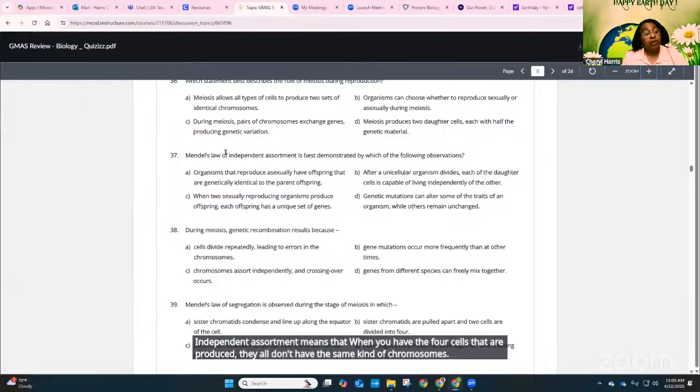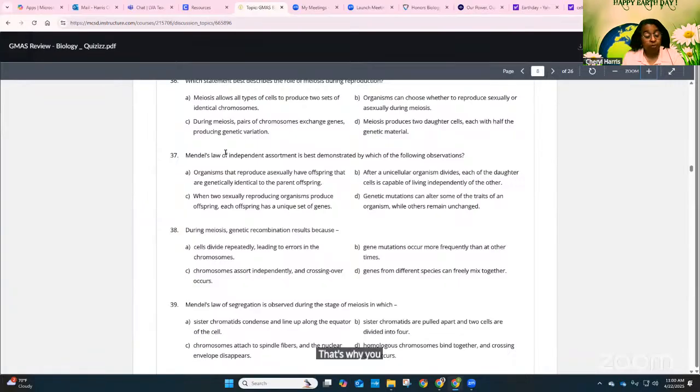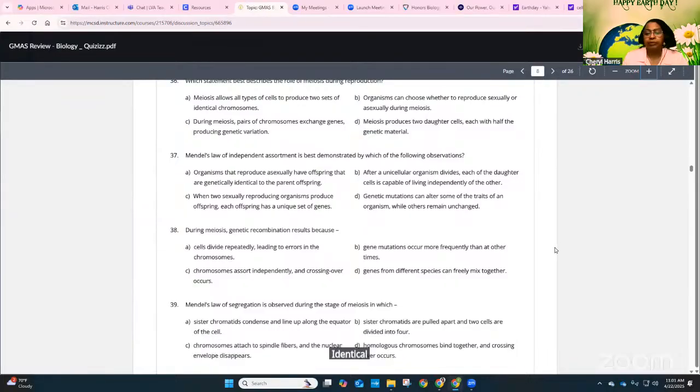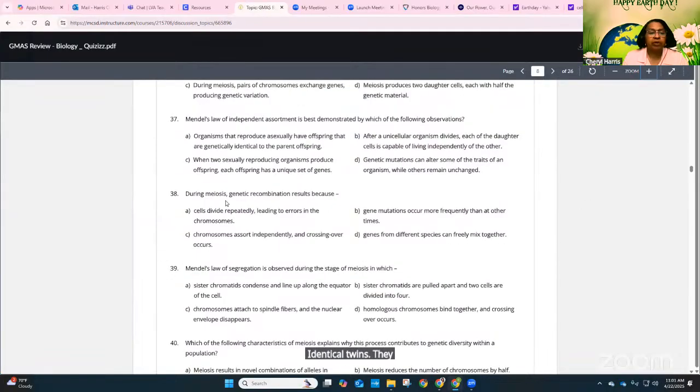So that's why you don't look exactly like your brothers and sisters. You have the genes from mom and dad, but they got independently sorted, so everybody has a unique look, except for identical twins. They get exactly the same information.